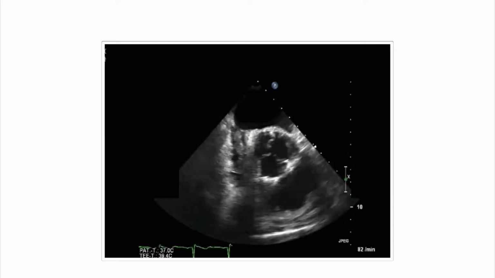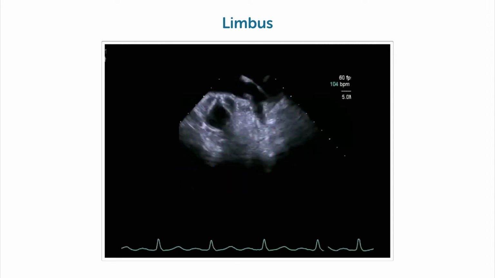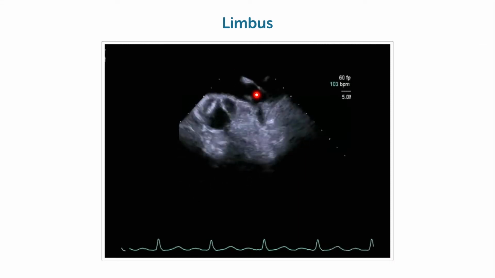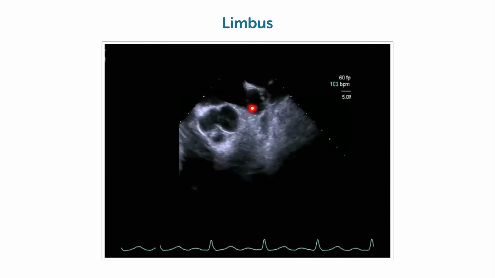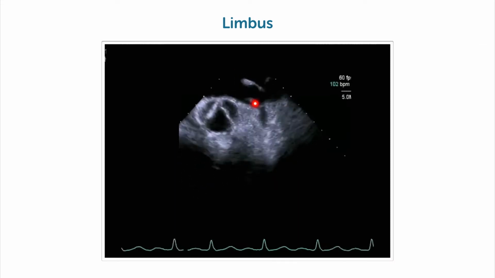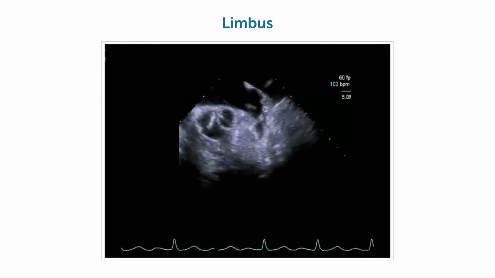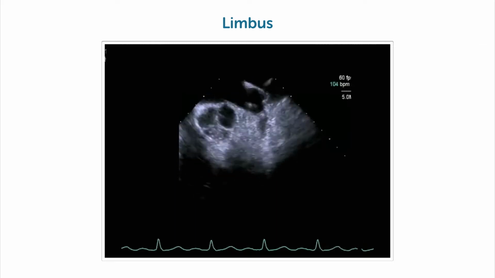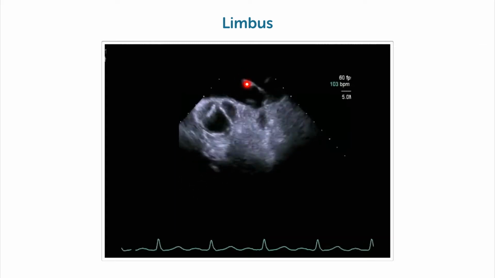So look closely. What about the structure right here? Well, this is the left atrial appendage here, and then we have this structure right here, which mimics a left atrial thrombus. It is not a thrombus. What we have here is a reverberation from the limbus.